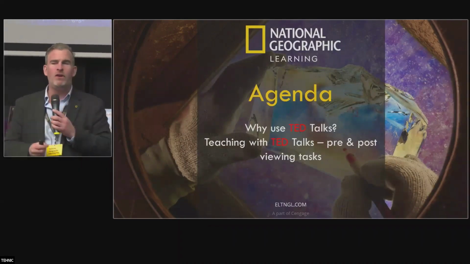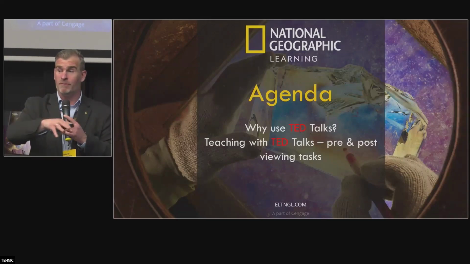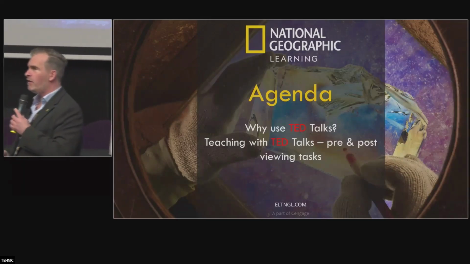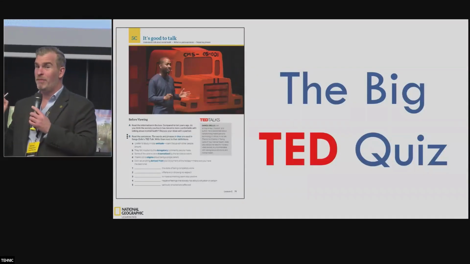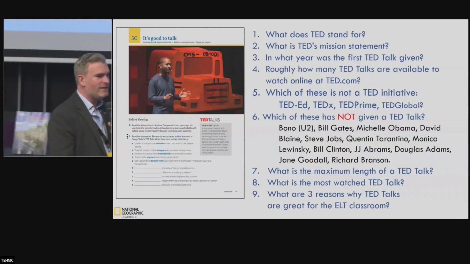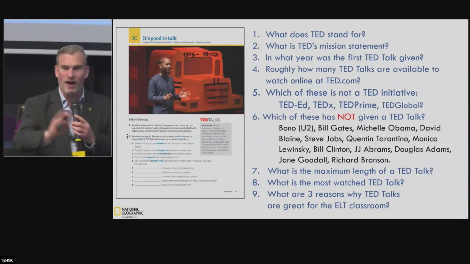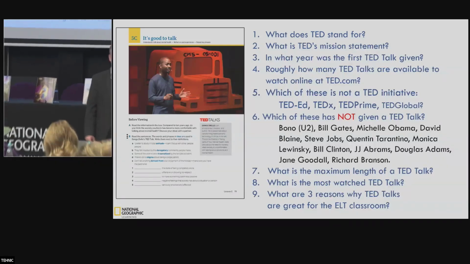So I'm going to give you 3 or 4 minutes on your tables to work as a whole table to answer these, I think there's 9 questions. It's the big TED quiz. So here we go. 9 questions. Going to give you 4 or 5 minutes. Good luck. And good luck to all those online as well.